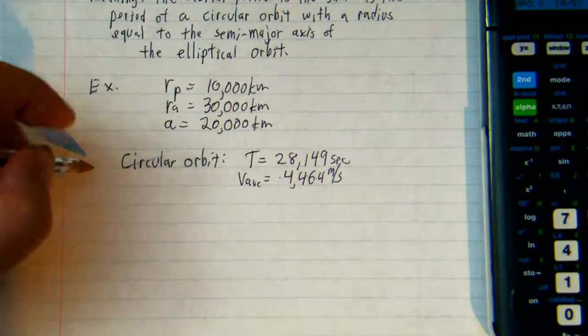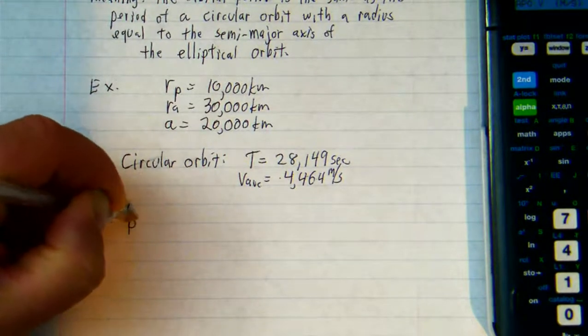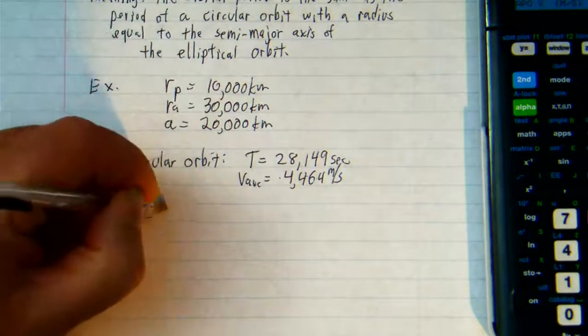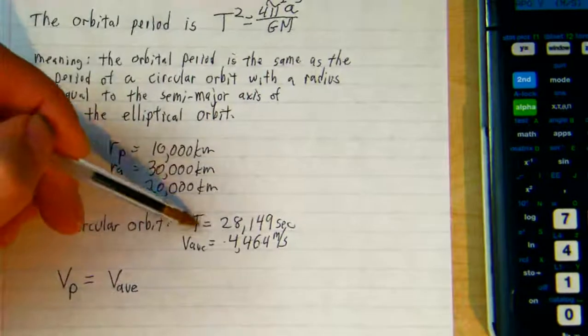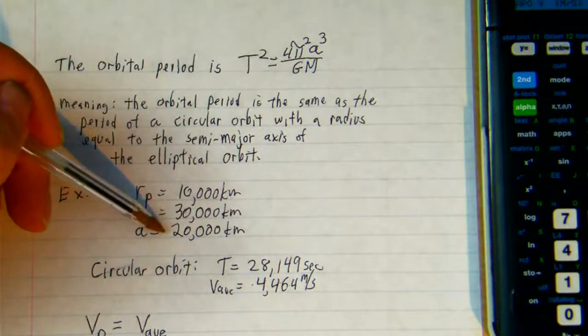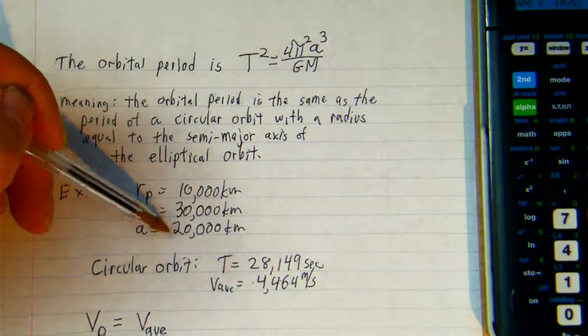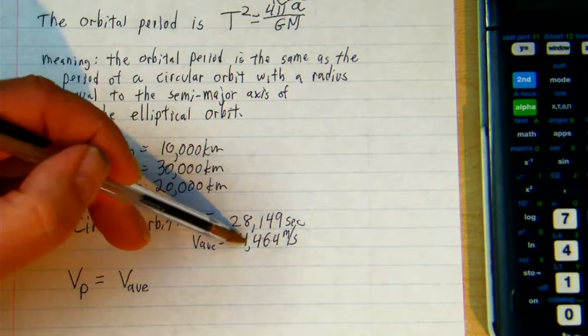Okay, so how do we calculate the speed at its fastest point? Why, there's a formula for it. The speed at periapsis is equal to the average speed, and now you know how to calculate that. You find the average speed by finding the semi-major axis and treating it as if it were a circular orbit. There's the average speed.